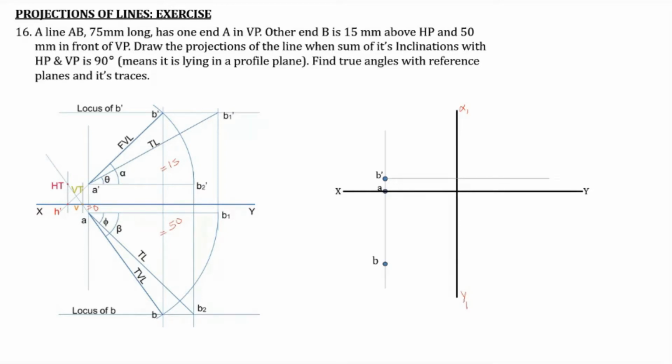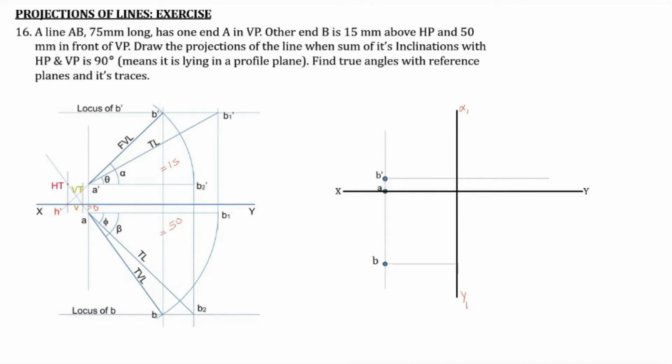Now what we do is we find the side view of the point B, that is B double dash. In order to get B double dash, we draw the locus of B dash, that is a horizontal line parallel to the XY line through B dash. So this is the locus of B dash.